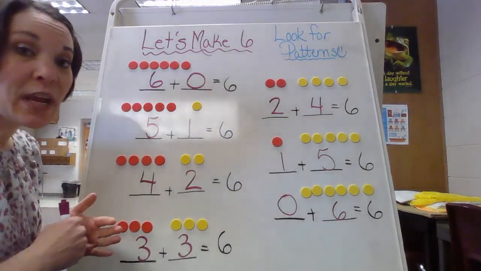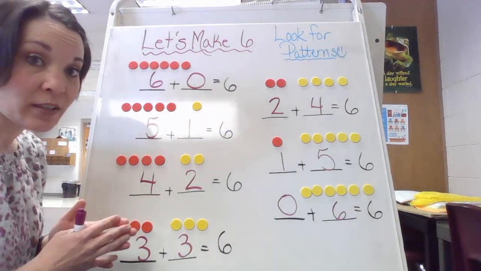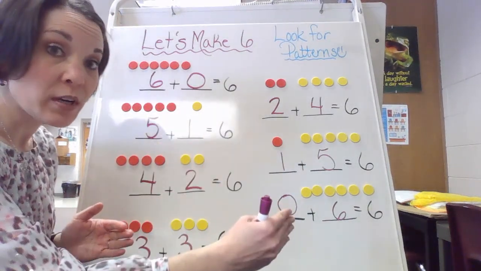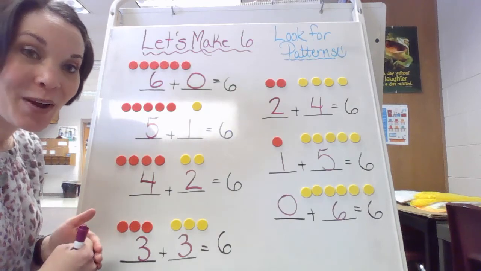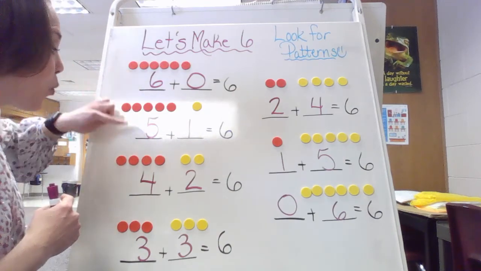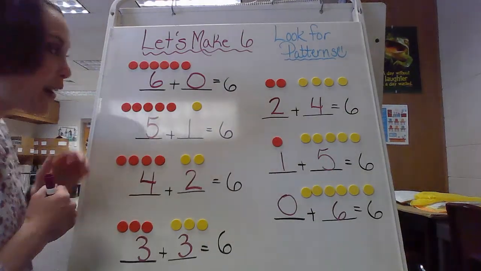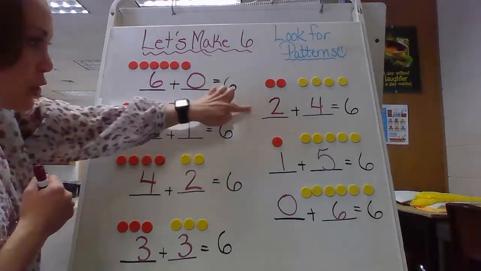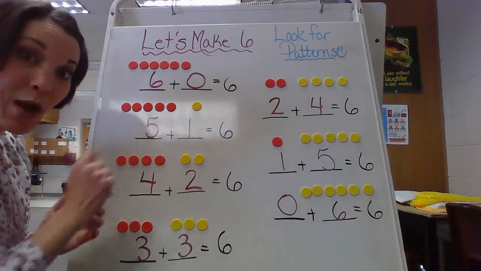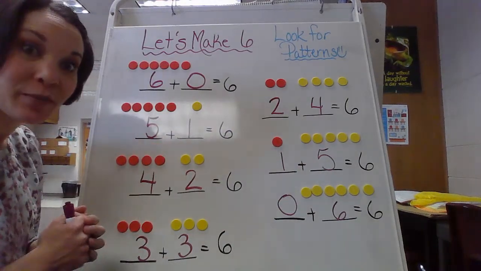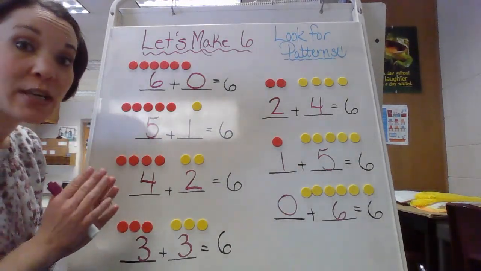So when we count in kindergarten, we count forward. We could also count backwards. So as you notice, we are counting backwards on our first number. 6, 5, 4, 3, 2, 1, 0. They're counting back by 1. That is a pattern.